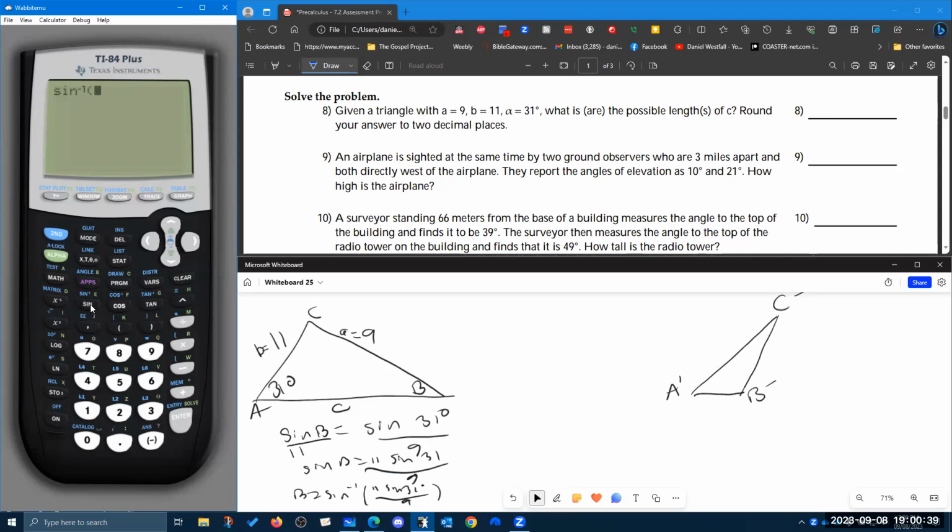Arc sine of 11 sine of 31 degrees divided by 9 is about 39.01.